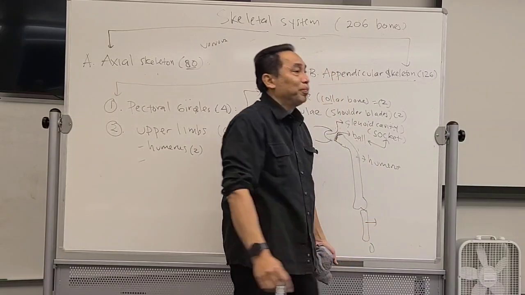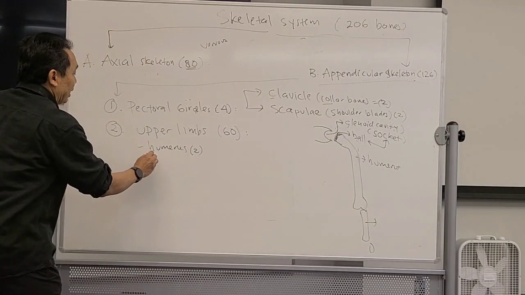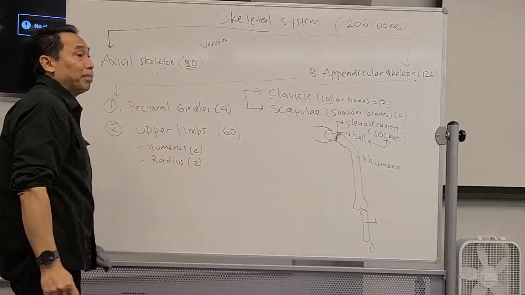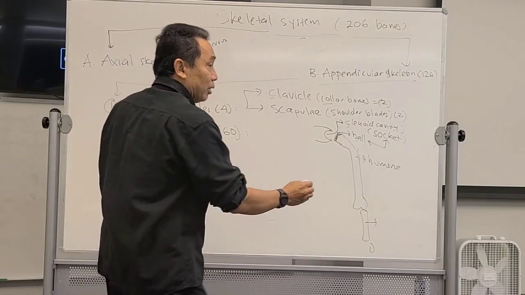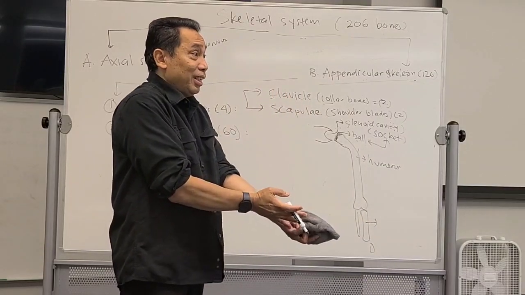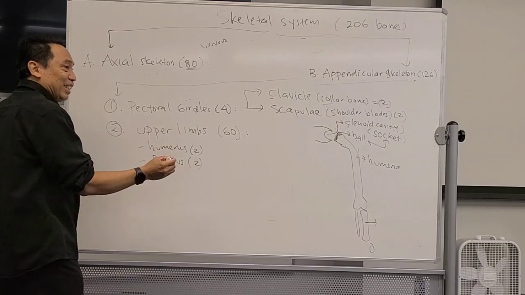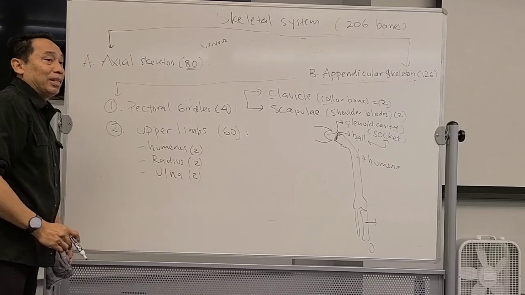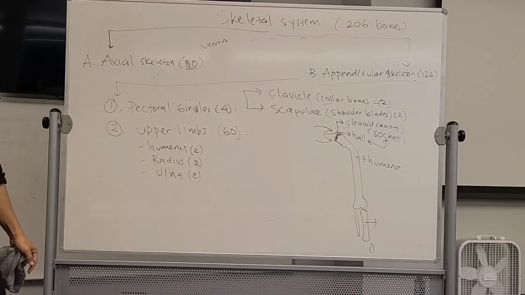That bone is called the radius. So the radius is on the thumb side, bigger. And the one on the little finger side, the pinky side, what do you call it? Ulna. Radius and ulna. They are actually a pair.